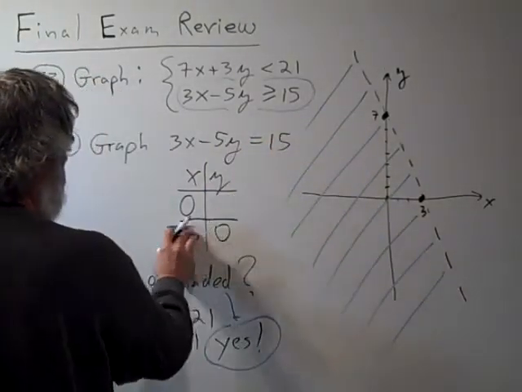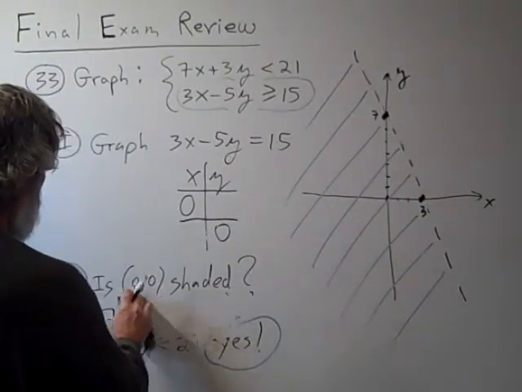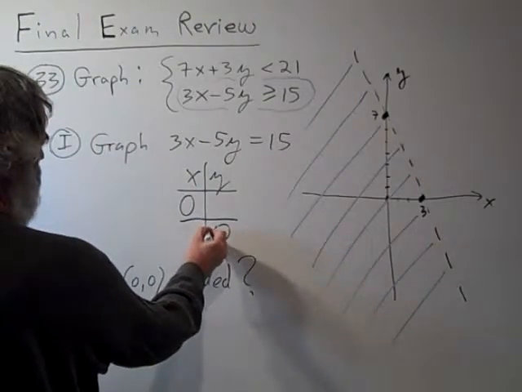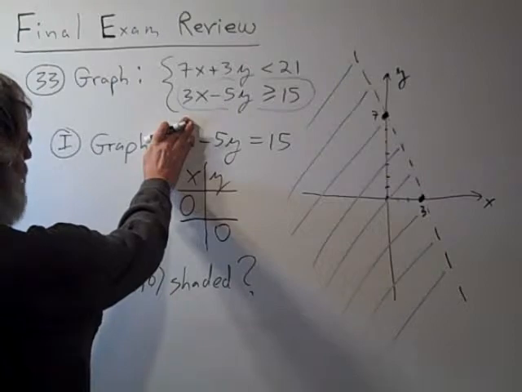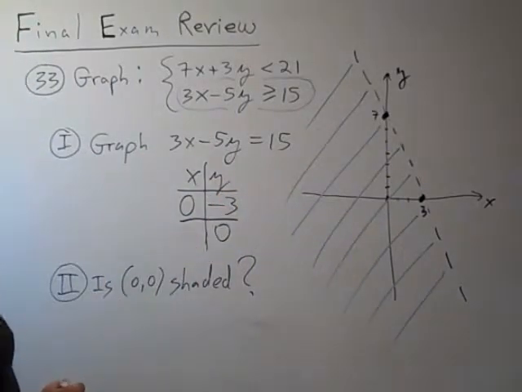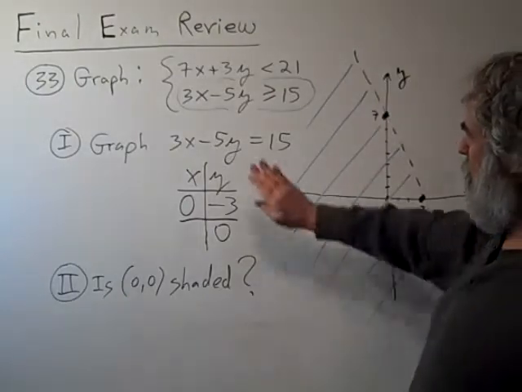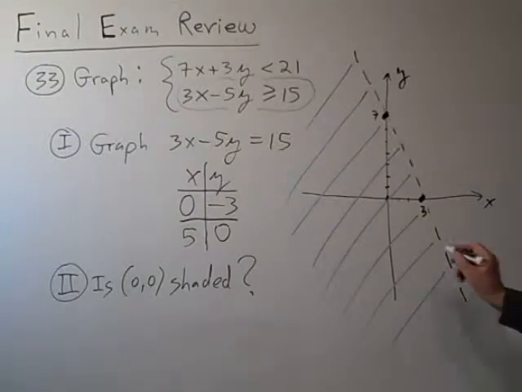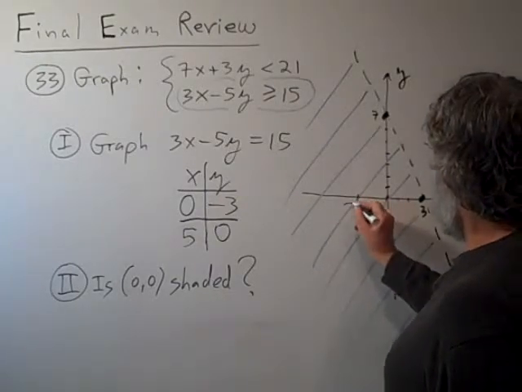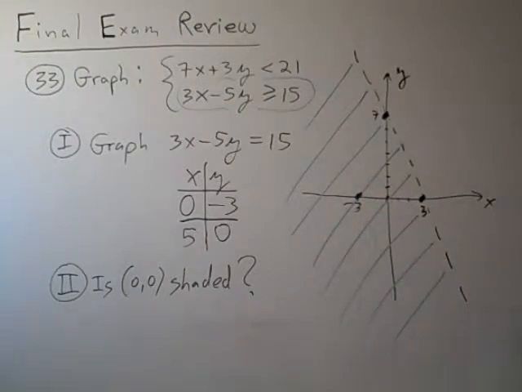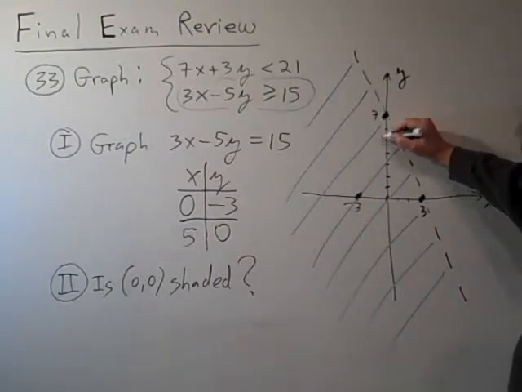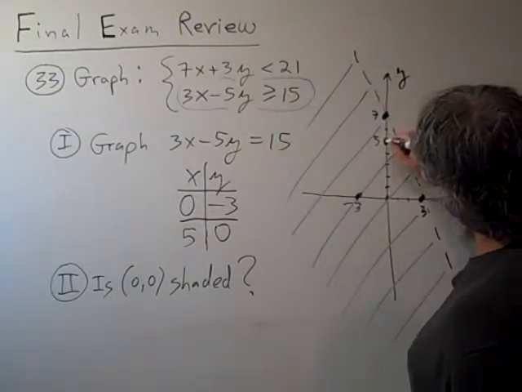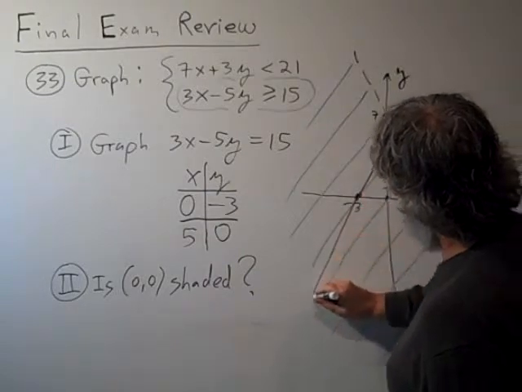Once again, the x and y intercepts are good points to find on this line, because if x is 0, it's easy to see that negative 5 times negative 3 equals positive 15, whereas if y is 0, we have 3 times 5 to get 15, so x equals 5. So x is at 5 over here, the x-intercept of that line, and the y-intercept is at negative 3 down here. So this is a solid line because it's or equal to, we include the line itself, so we have this line.